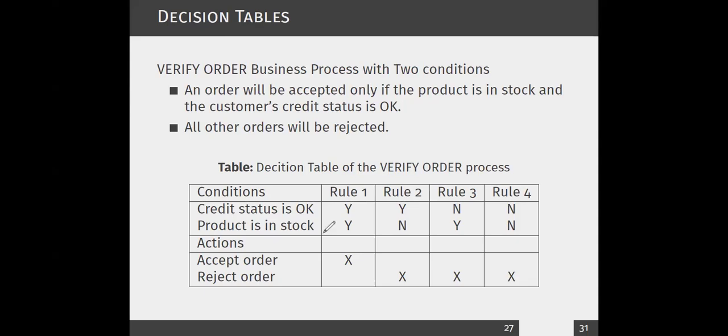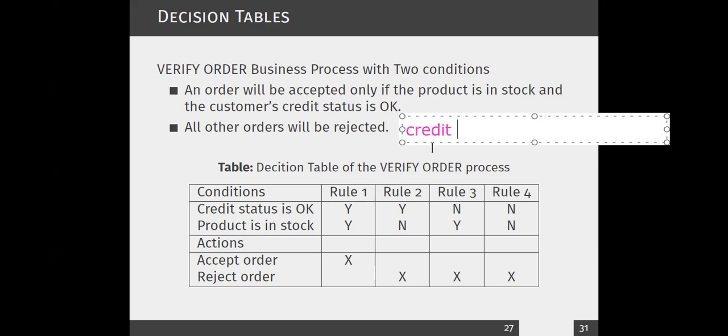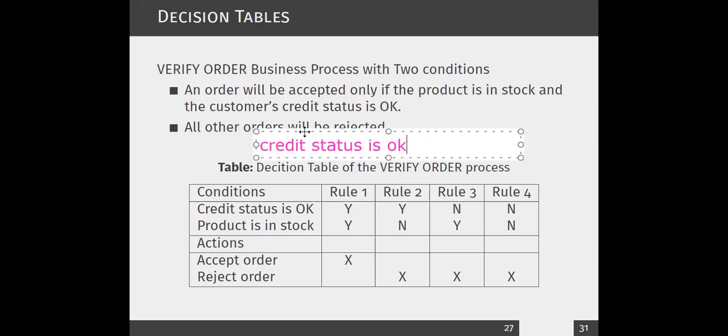So in this particular case, we have two conditions, right? So let me say we have credit status is okay. Yes, we can say okay. Credit status is okay. That is one, right?